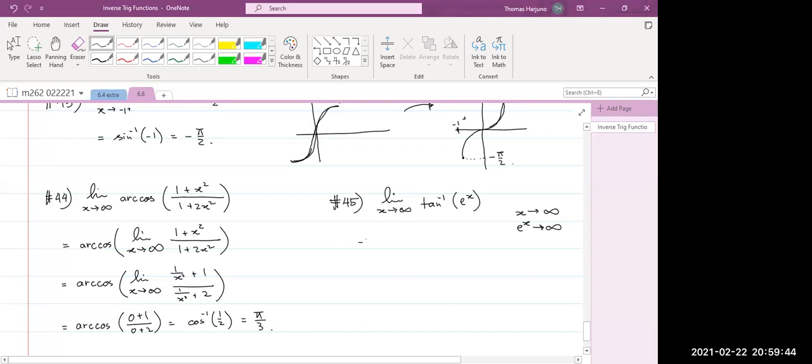So I can write it this way. This is limit e to the x goes to infinity of tangent inverse of e to the x. That's limit u goes to infinity of tangent inverse of u. Just little substitution there. So what is tangent inverse of infinity?